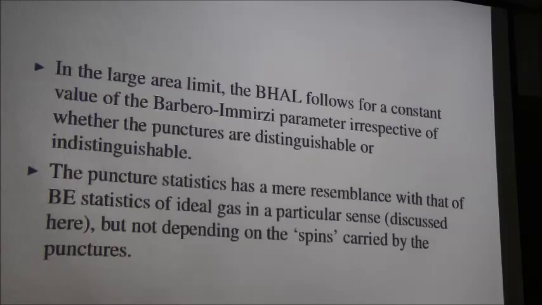But the other thing I want to point out is that the calculation which I have done in the case of indistinguishable punctures begins from the approximate microstate count. So it has not been derived from the original formula, the Kolmogorov formula, for a given set of punctures. But only if I can do that can I see what happens to the log correction, which is the most important thing I am going to try next.